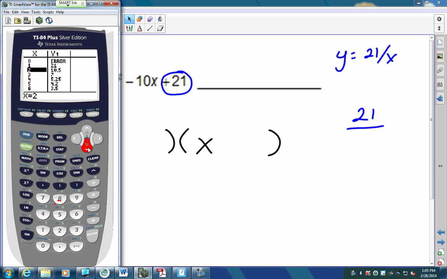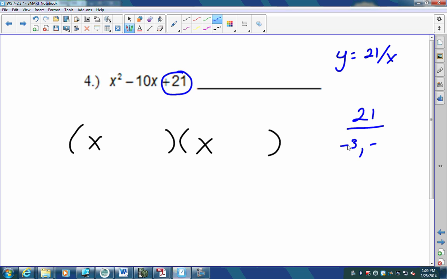The thing is that 3 and 7 give me positive 10, right? If you would go up the other way, you'll find your negative numbers. There's negative 3 and negative 7. When you add those together, it gives you negative 10. So you just put those bad boys in your parentheses.